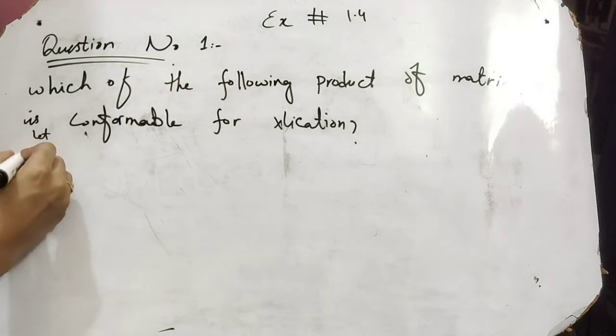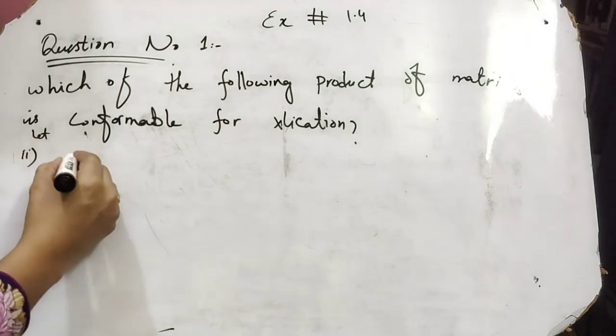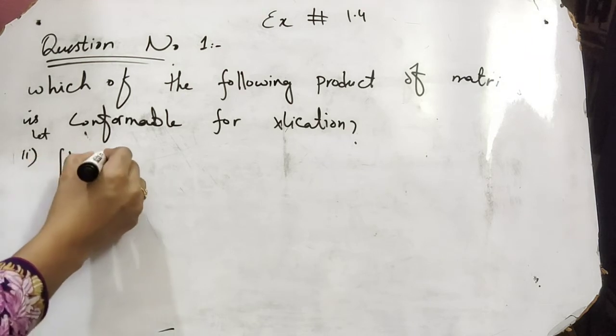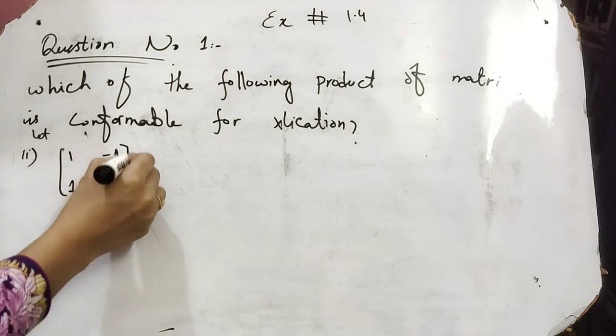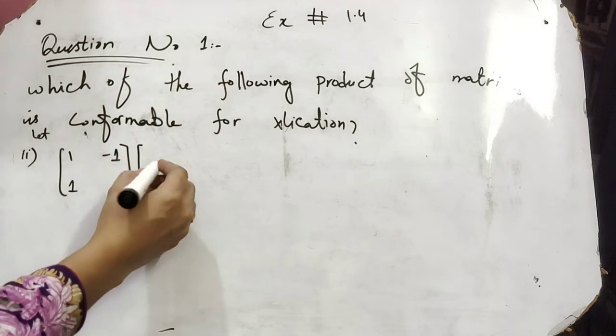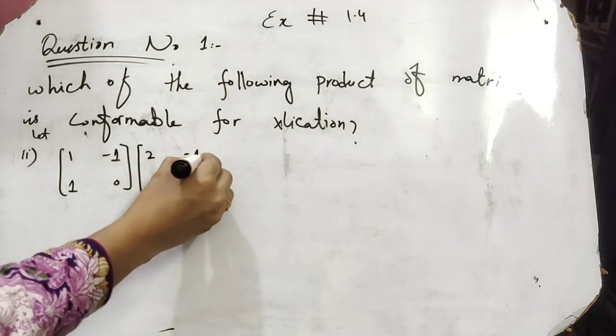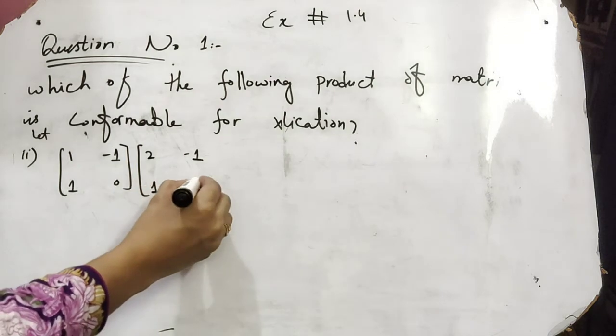Now the second part is 1, minus 1, 1 and 0, 2, minus 1, 1, 3.